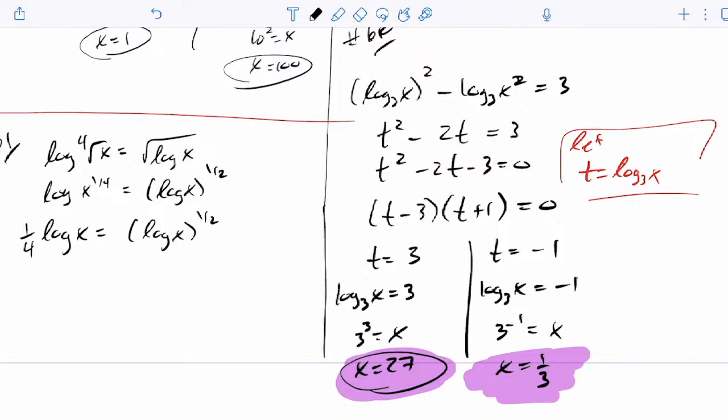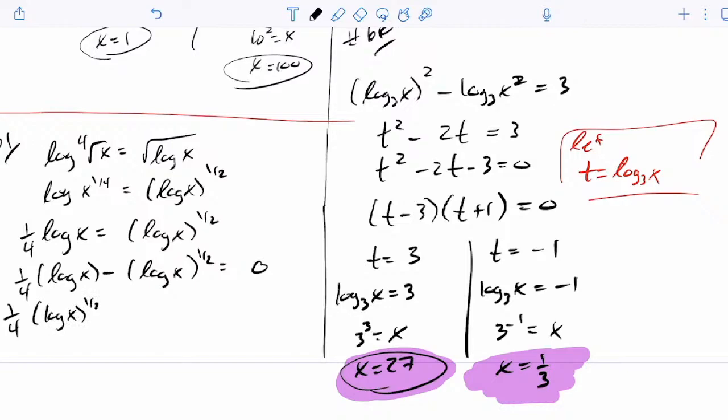So then again, we bring everything to one side, just as we've done before. And again, we factor out the log of x to the half. Very similar to what we've been doing, same strategy.